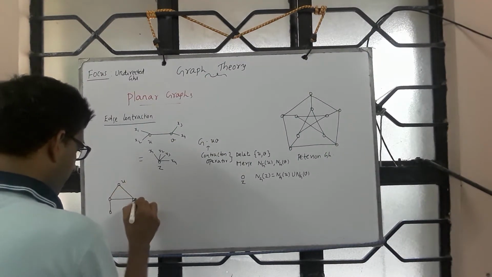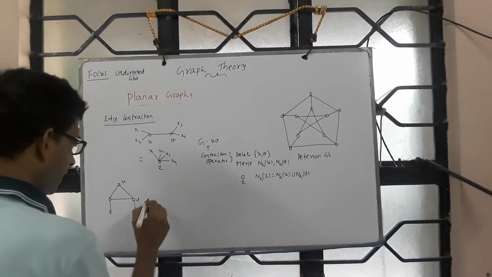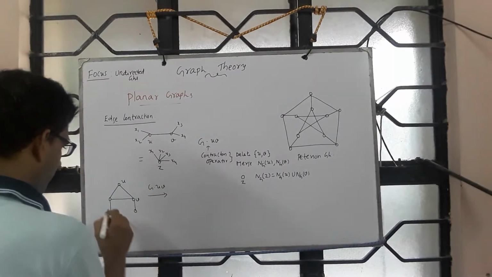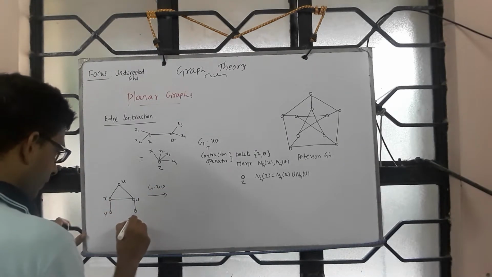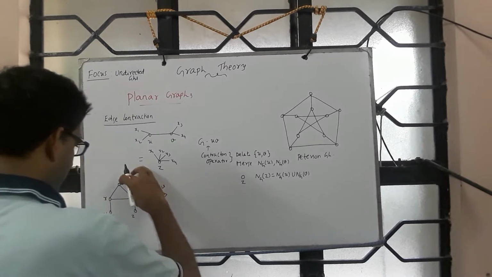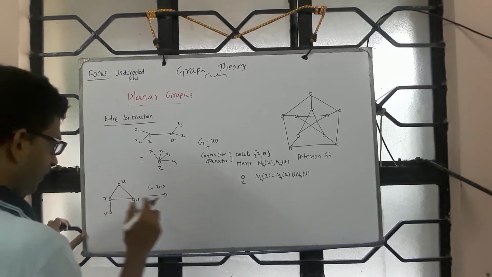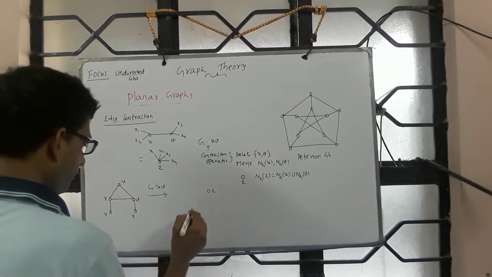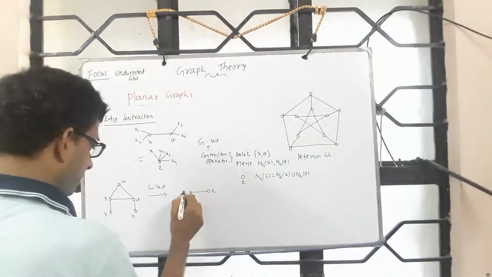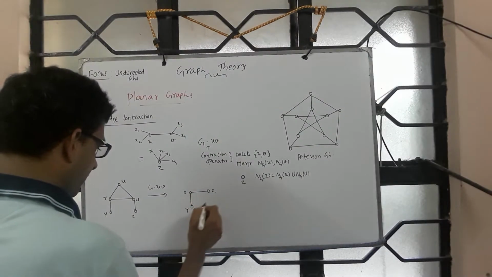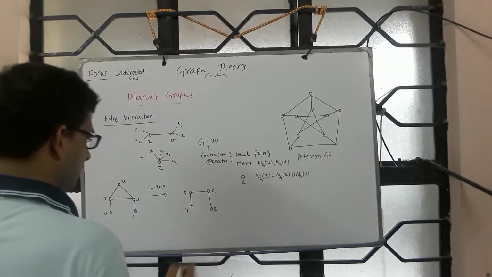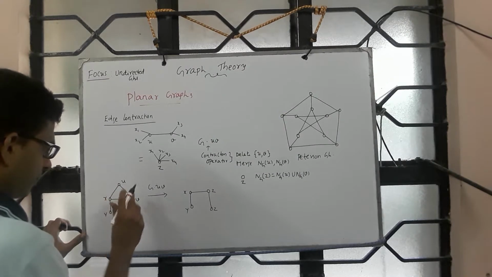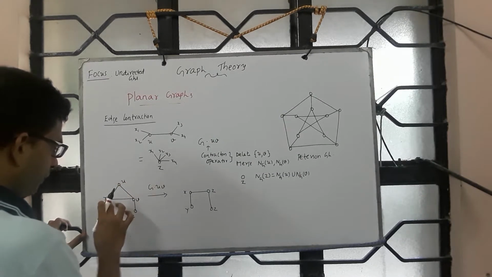Let's look at this graph. Now let's perform G dot UV. Now what happens to the graph? I delete this, I merge U and V to a single vertex Z. Now all other things remain the same. XY and this. Now you see that on merge U and V will be merged to a single vertex, and you may get a parallel edge.